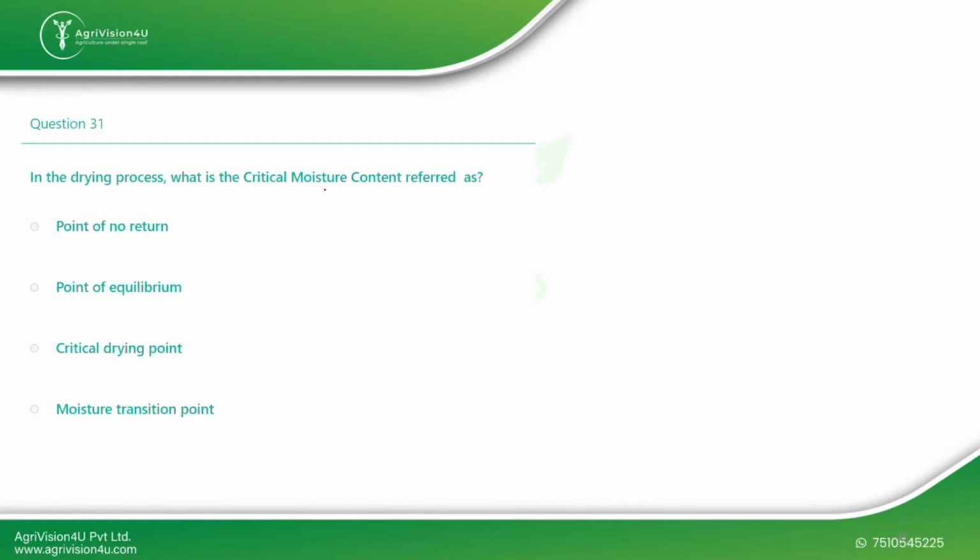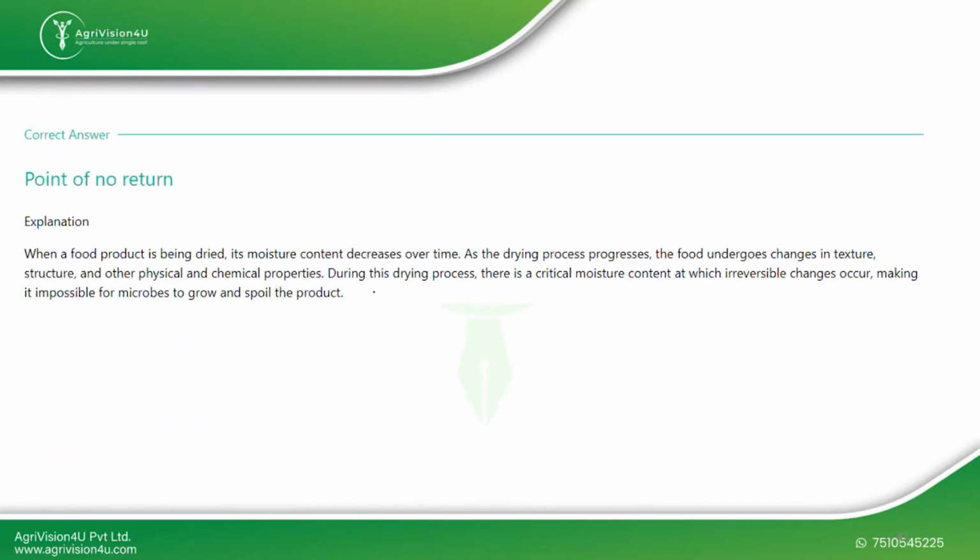Now, in the drying process, what is the critical moisture content referred to as? So, critical moisture content in drying means the point of no return. How? See, why do you do the drying process? Basically, in drying, you are going to remove the moisture. Your moisture content is going to decrease over a period of time. Then as the drying process progresses, changes in the texture or structure of your food product are going to be seen, and you will have some other physical and chemical properties over there.